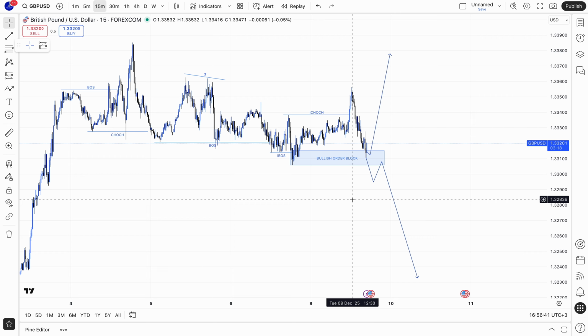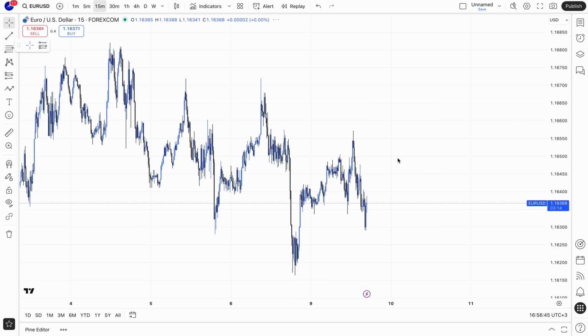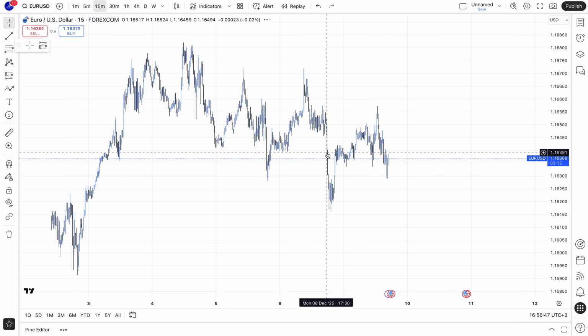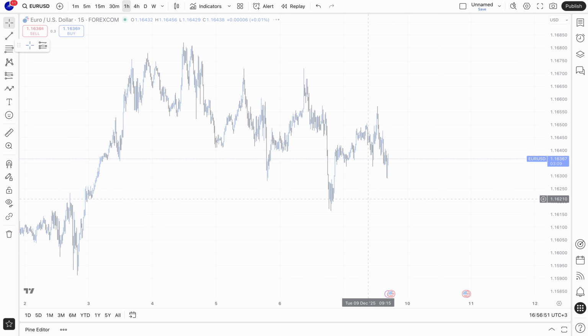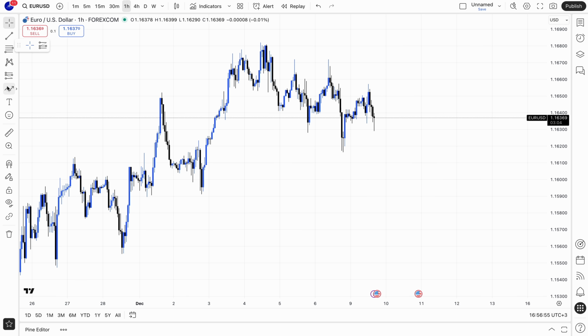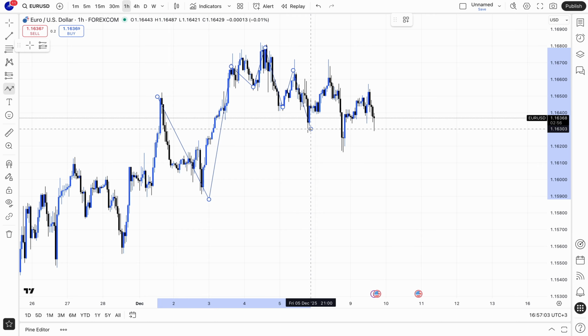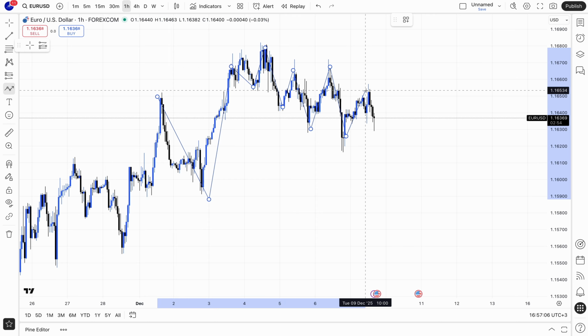That's it for GU. And then for EU, very, very simple. Yesterday I had a very, very clean trade in the London session, and I'll do a recap about that trade. Then you can see for euro, you have a break to the upside, a break to the upside, then a break to the downside, and then another break to the downside.